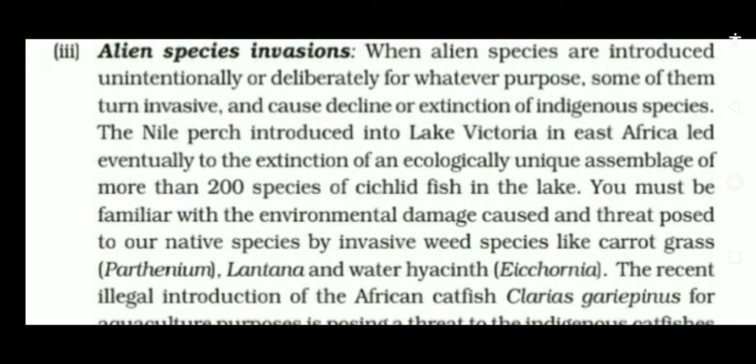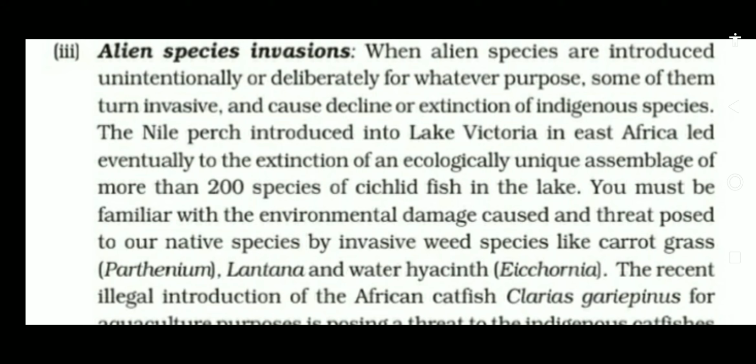There are a few examples. Here, the Nile perch was introduced into Lake Victoria. It's underlined, children. The Nile perch introduced into Lake Victoria in East Africa eventually led to the extinction of an ecologically unique ensemble of more than 200 species of cichlid fish in the lake.